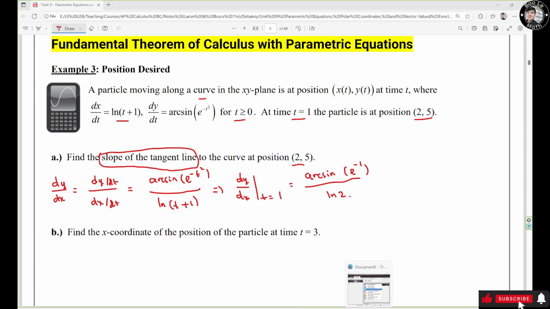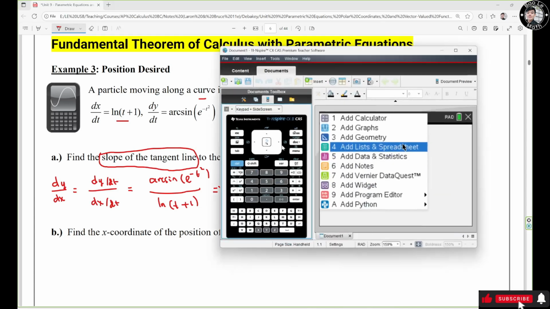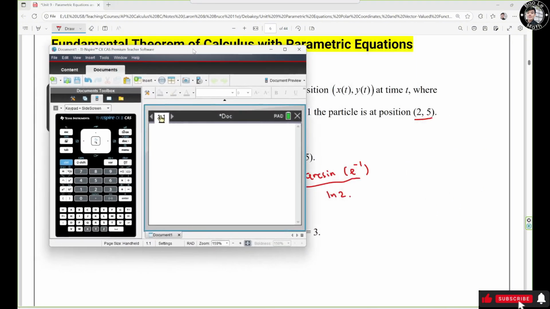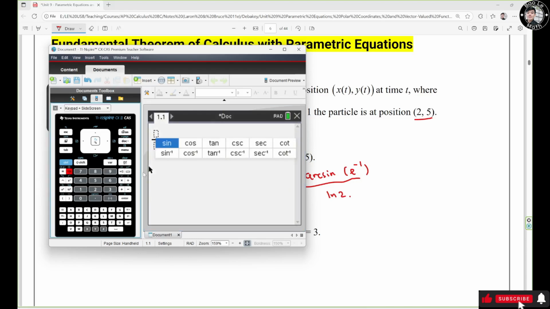Now we're going to use the calculator to calculate this one. Sine of e to the negative 1 is the inverse sine, so you're going to hit the fraction template first, and then hit trig, the inverse sine, e to the negative 1, over natural log of 2.